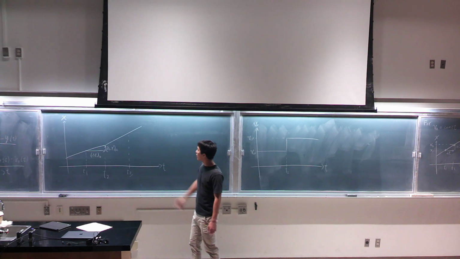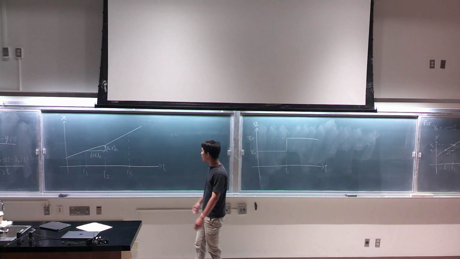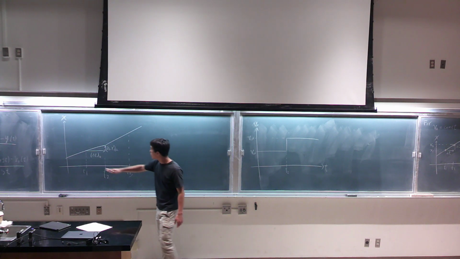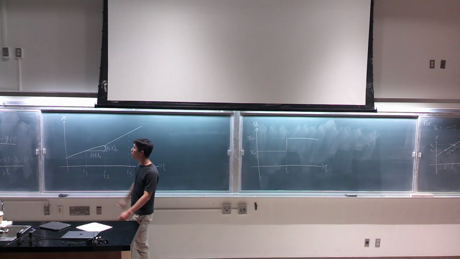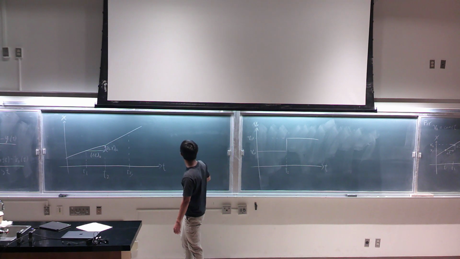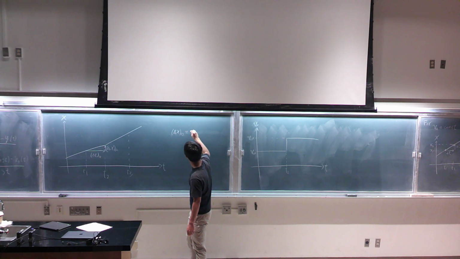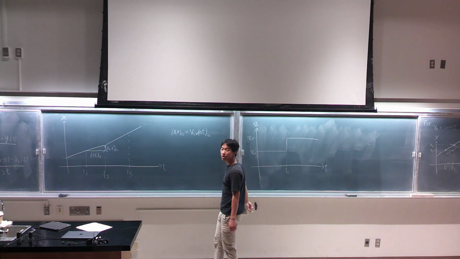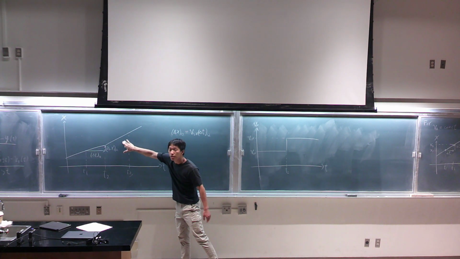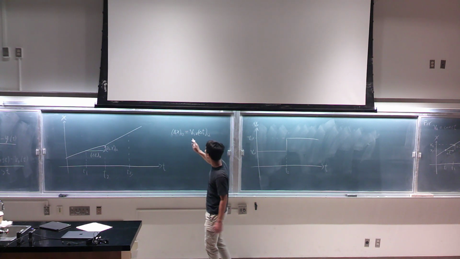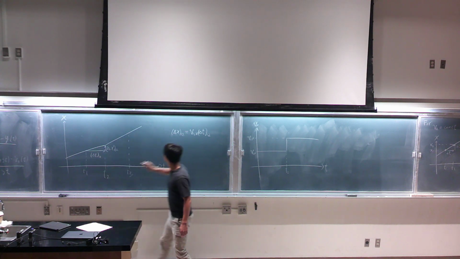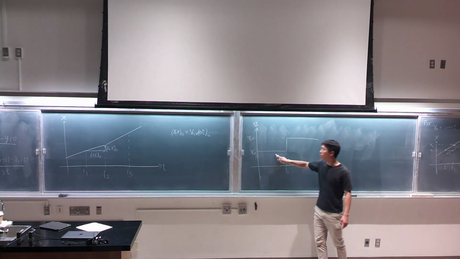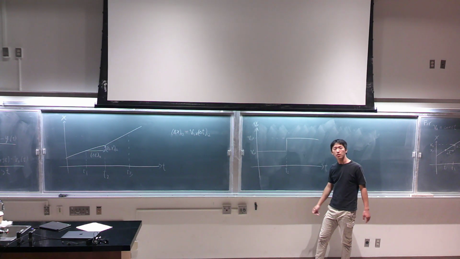And this delta x12 is easy to calculate because from t1 to t2, the velocity is a constant. So this is the same as what we had before, but we need a little bit more notation to distinguish it from whatever we're going to do next. Okay? Remember, at this part, the velocity of the particle is v1x.